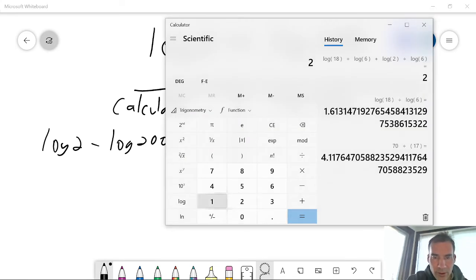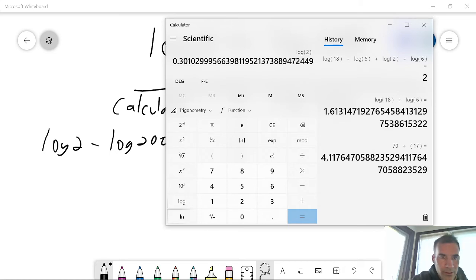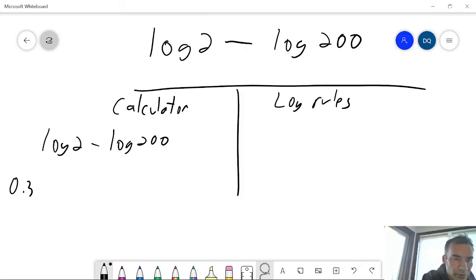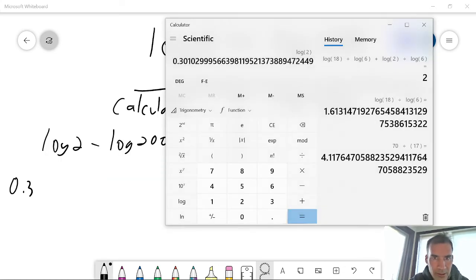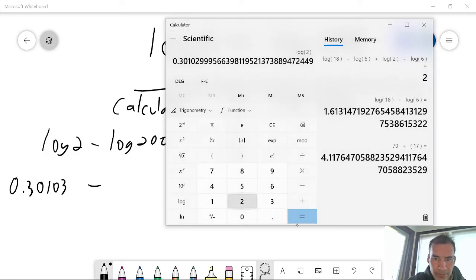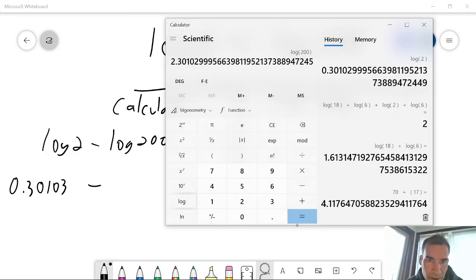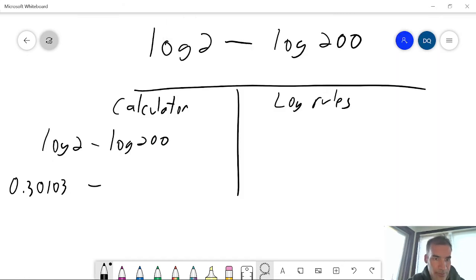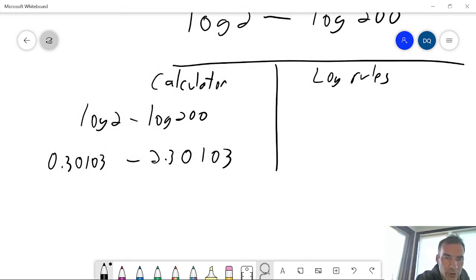I'm going to take the log of 2, and that is 0.30103, minus the log of 200, which is 2.30103. And then when I do the subtraction, it gives me a 2.